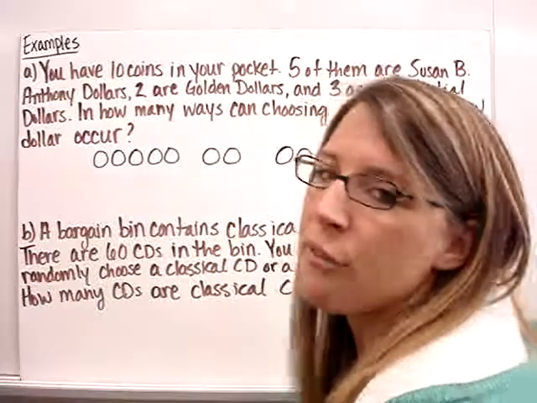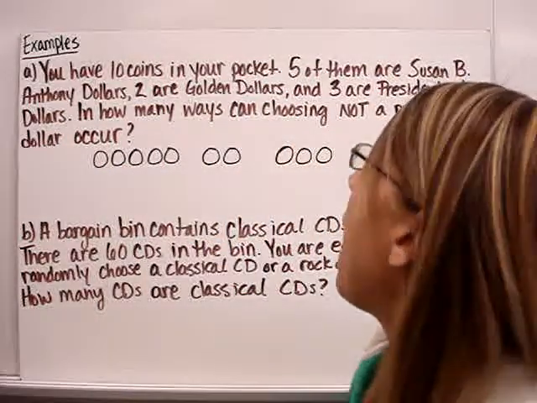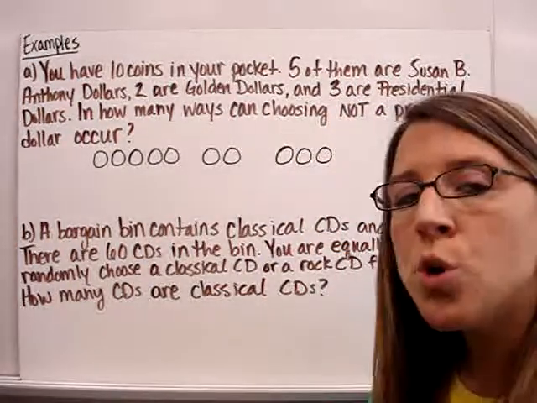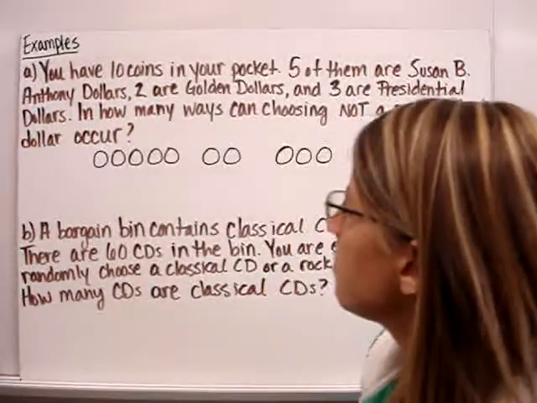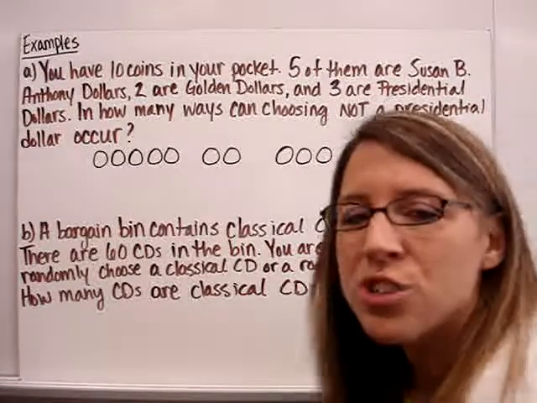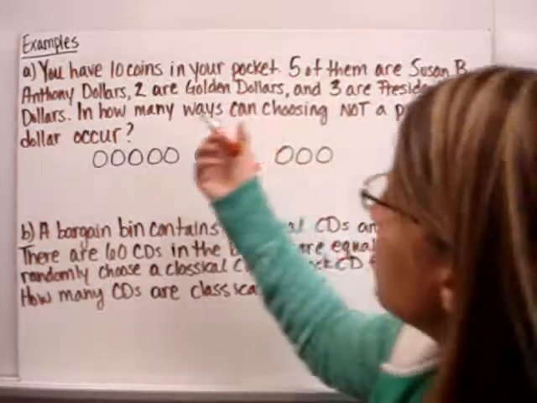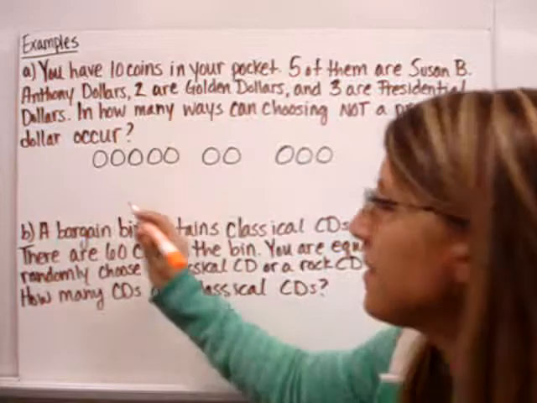So let's start off with a couple of examples. You have 10 coins in your pocket. 5 of them are Susan B. Anthony dollars, 2 are golden dollars, and 3 are presidential dollars. In how many ways can choosing not a presidential dollar occur? So we have 5 Susan B. Anthony dollars, and I've already drawn out 10 coins, and I've separated them based on this.